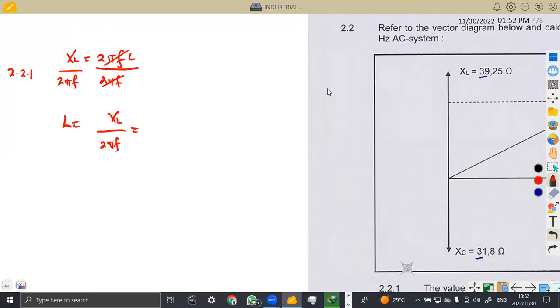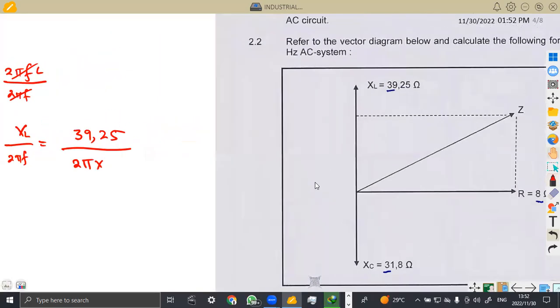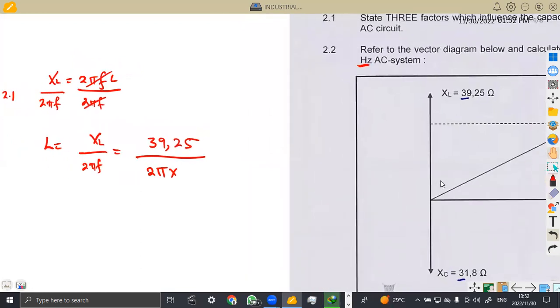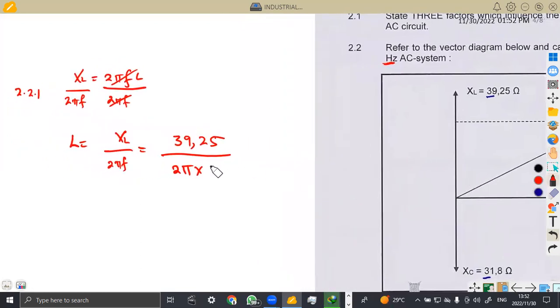Okay, so let's fill in our values. Our XL is 39.25, so 39.25 over 2 pi times the frequency. You can use the pi from your calculator. Remember, we are given that the frequency is 50 hertz, and the unit for frequency is hertz. So that is going to be times 50.